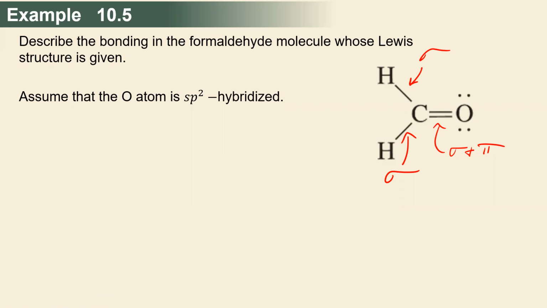And it has to do with the fact that those hybrid orbitals separate themselves as much as possible in space, and then those unhybridized orbitals also try to get as far apart as possible, but they are able to participate in double bonding and triple bonding.